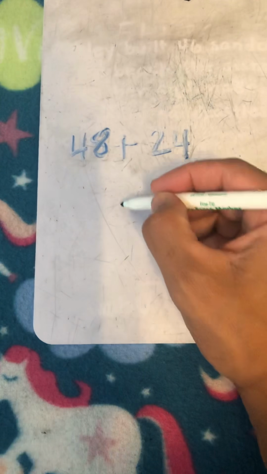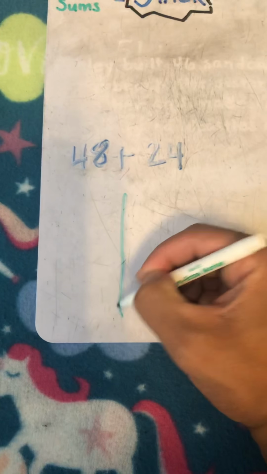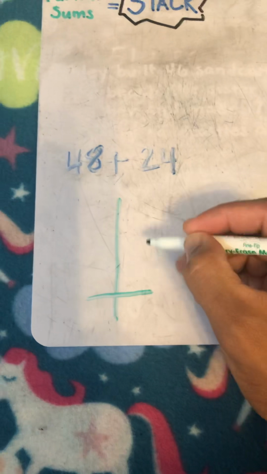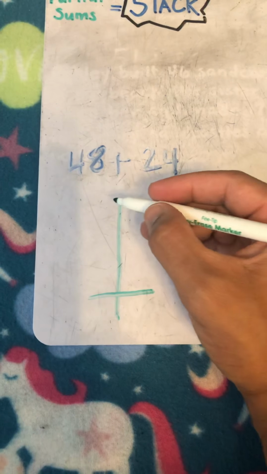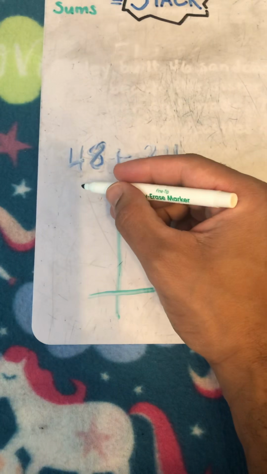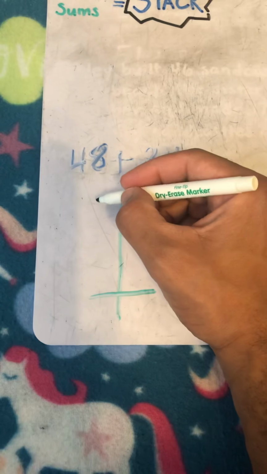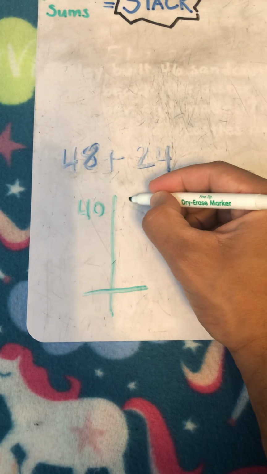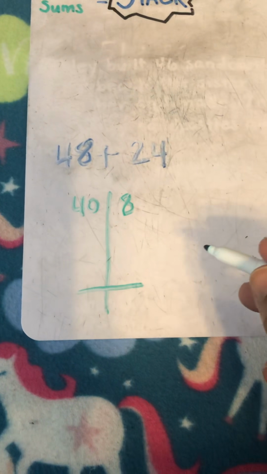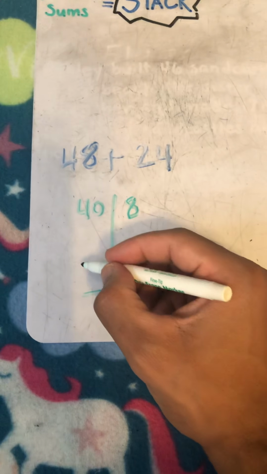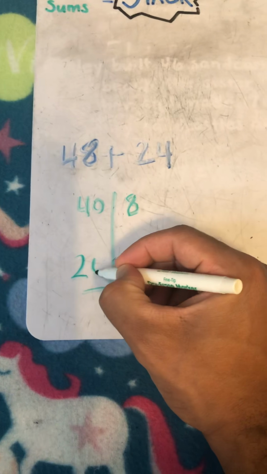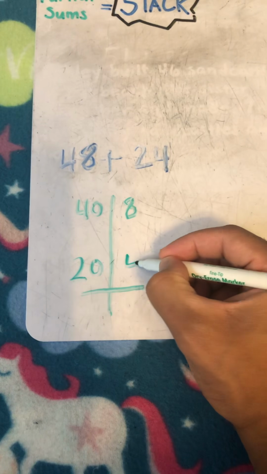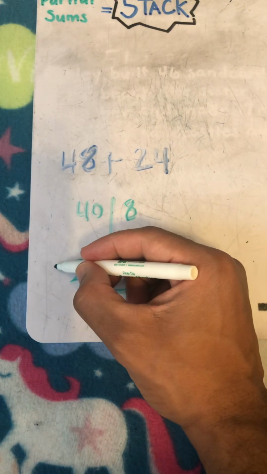So again, we can use our stack strategy to help us. Using this stack chart to separate the values of our 10s and our 1s. My starting number is 48. That's going to give me a value of 40 for my 10s, a value of 8 for my 1s. For 24, I've got a value of 20 for my 10s, a value of 4 for my 1s.